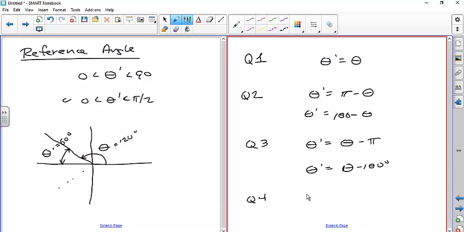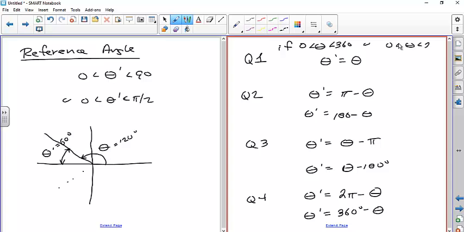And in the fourth quadrant, the reference angle is equal to 2 pi minus theta, or in degrees, 360 degrees minus theta. Now these apply if theta is between 0 and 360, or if in radians theta is between 0 and 2 pi.